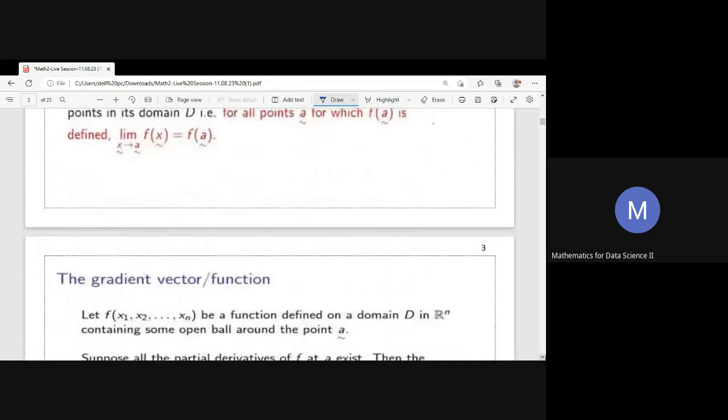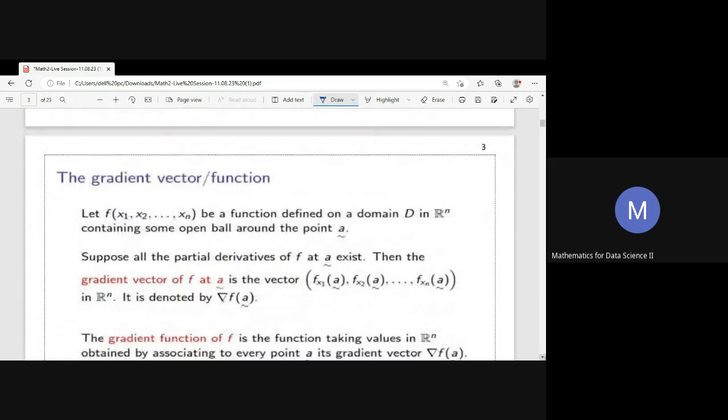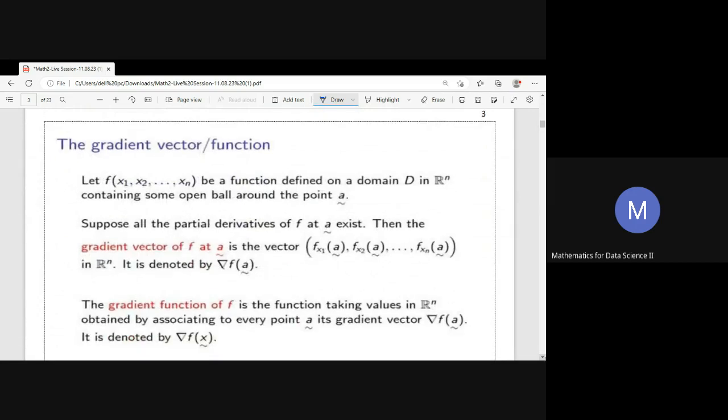The next thing is how we use the gradient vector or gradient function, and how it is used for finding the directional derivative. The gradient vector is nothing but all the partial derivatives written as a vector. For example, if it is a function of two variables, then the gradient vector is (fx, fy), the partial derivative with respect to x and the partial derivative with respect to y.